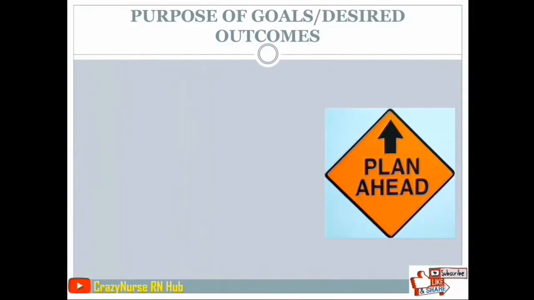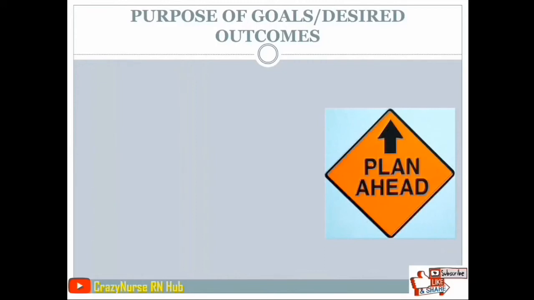Next, we have the purpose of goals or desired outcomes. Although goals and outcomes are not necessarily the same concept, the terms are used by some people interchangeably. If reference to NOC, goals are considered to be met or not met, while progress towards outcome can be described along a continuum in a comparison to previous status.